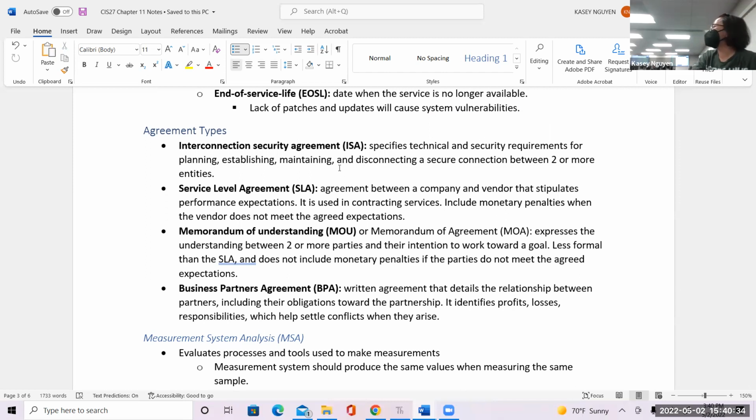Okay, or IT services for that matter. So this really addresses the planning, establishment, maintenance, and disconnection between two entities that would relate to the technical and the security area, wireless, wired, and everything else in between. Okay.